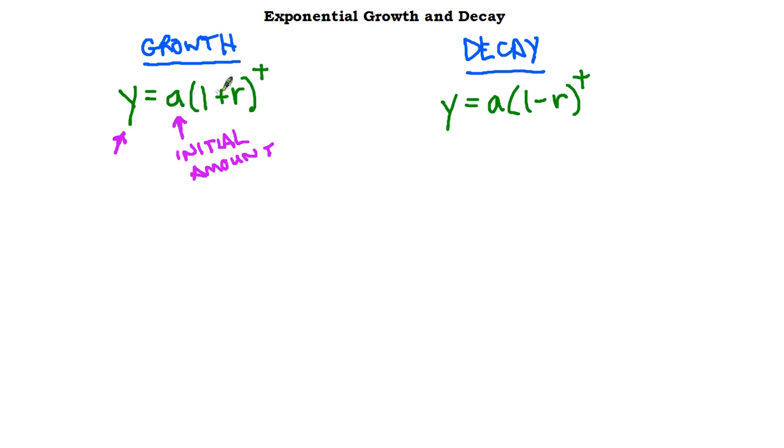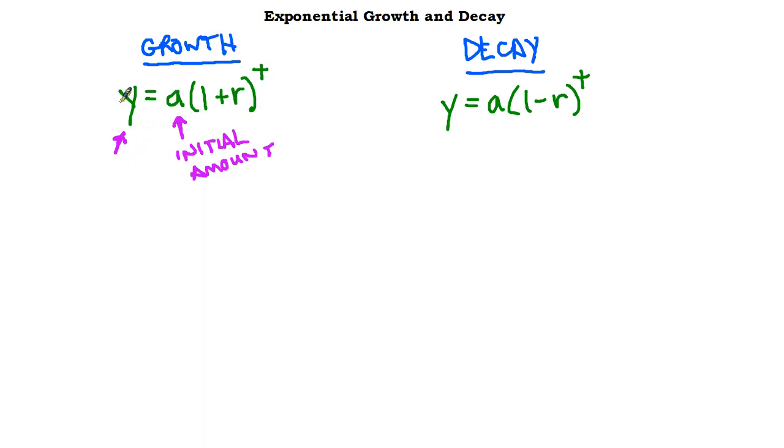Well, for exponential growth, it could be money, it could be bacteria, it could be a whole bunch of different things. For growth, it's probably not anything radioactive, but money grows, bacteria tend to mate and grow. This could be the number of zombies you start with, or the number of people that have the flu, or the number of people that have some other transmittable disease.